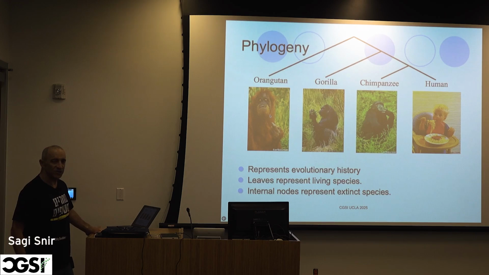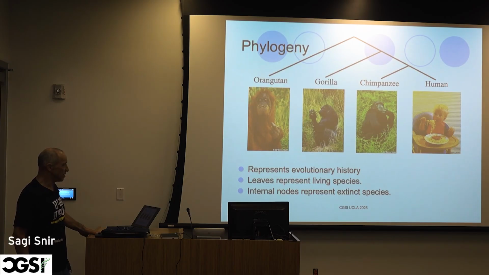So this is a phylogeny, and by coincidence it's the same slide that Siavash took from his advisor, and I took from his advisor as well. A phylogeny represents the history of the species at the leaves of this tree.